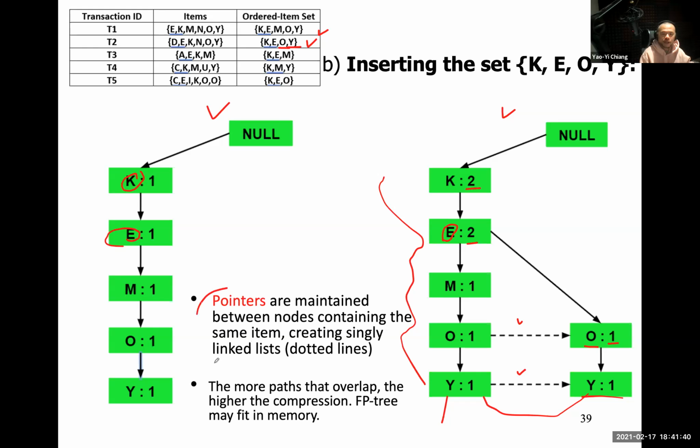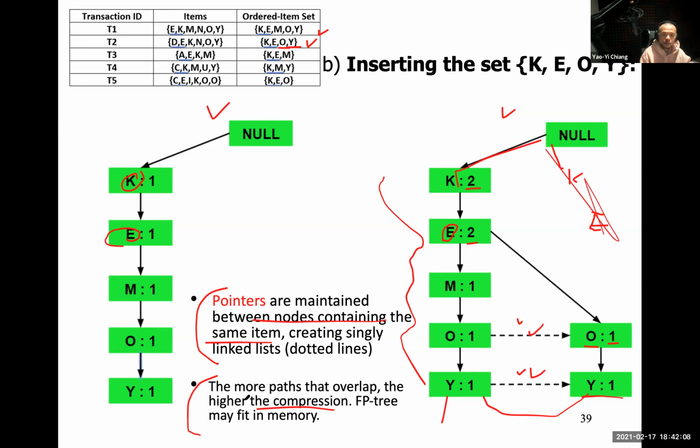So pointers are maintained between nodes containing the same items, like here and here. The more paths that overlap, the higher the compression, because instead of creating another K and E, we are using the same path here.